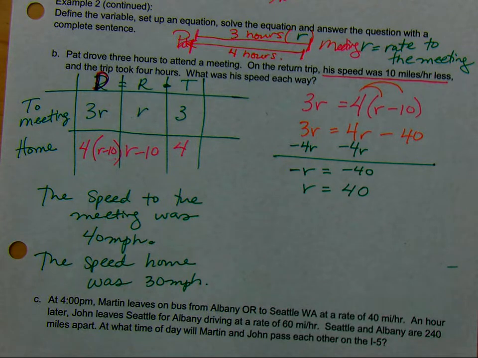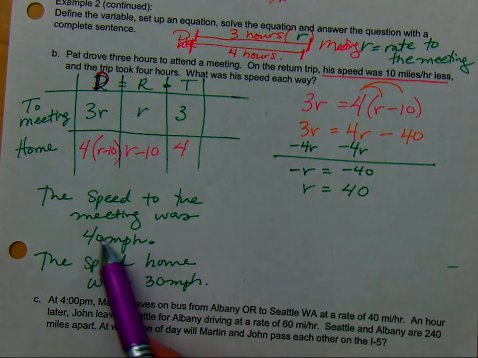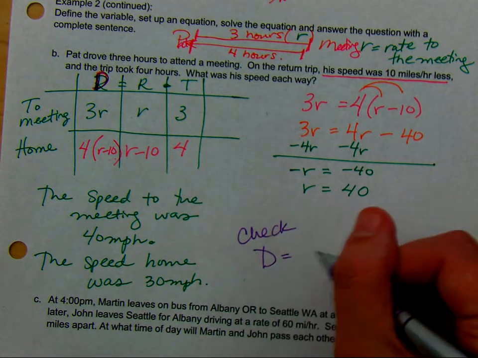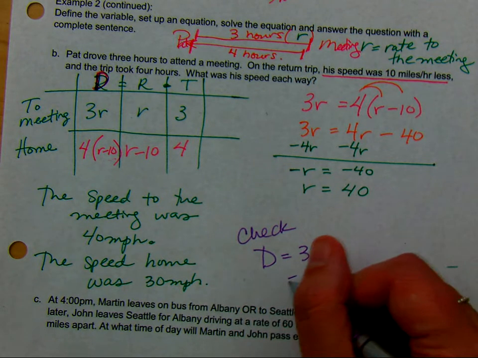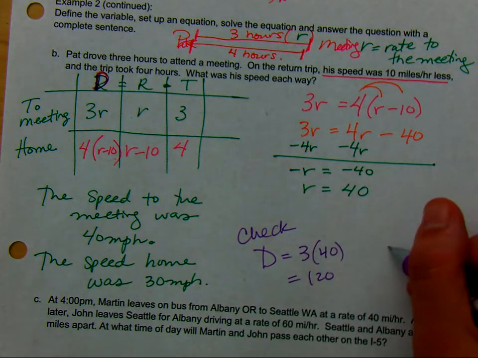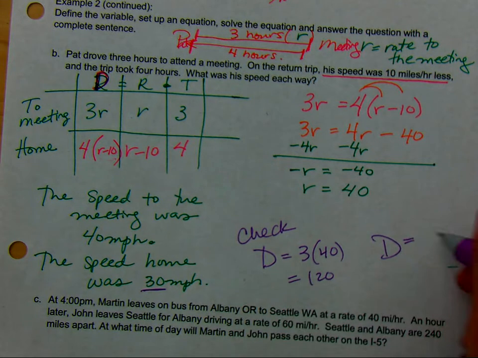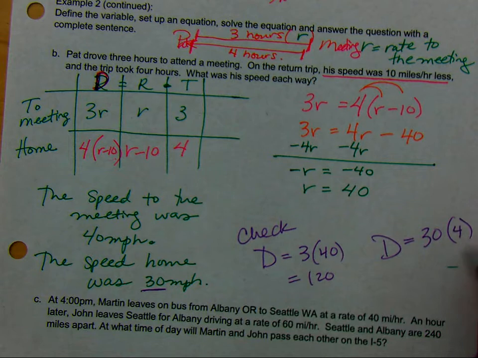Well, that would be like our check, right? If Pat drove for 3 hours at 40 miles per hour, the distance would be 3 times 40, which is 120. And the distance home is 30 times the 4 hours. That was the rate times the time, which is also 120 miles.